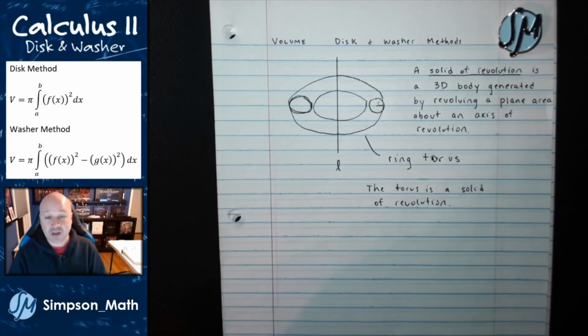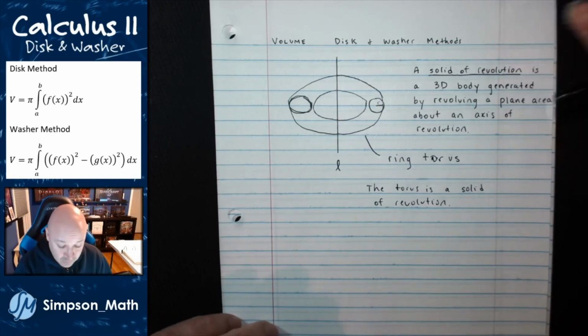I'm going to be talking about solids of revolution today in this disk and washer lecture. And it's just this idea. We have a plane figure, but when we rotate it about some line, like the x or y axis, it's going to create this three-dimensional solid called a solid of revolution.